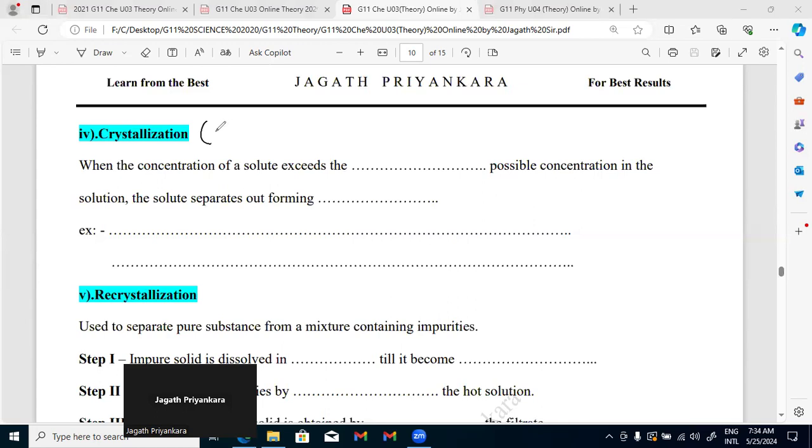You can write this: obtaining crystals by evaporating solvent.